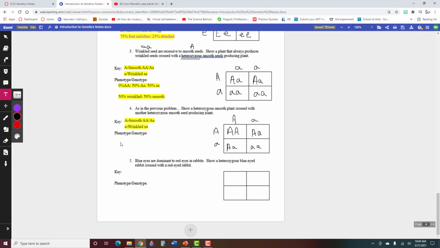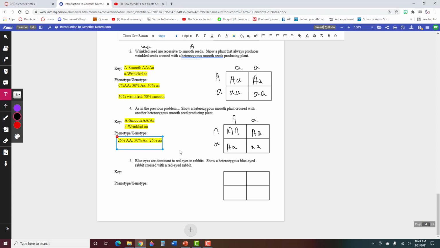Alright, and then for our genotypes, you start with the homozygous dominant. So there's 1 out of 4, that's 25%, is capital A, capital A. And then there are 2 out of the 4 that are capital A, lowercase a, so that's 50%. And then there's just 1 out of the 4 that is lowercase a, lowercase a, the homozygous recessive, so that is 25%.